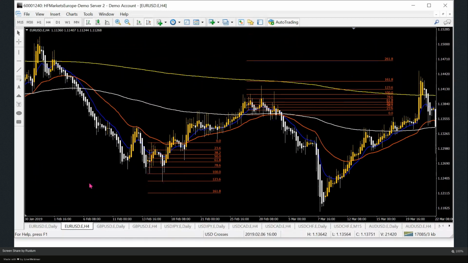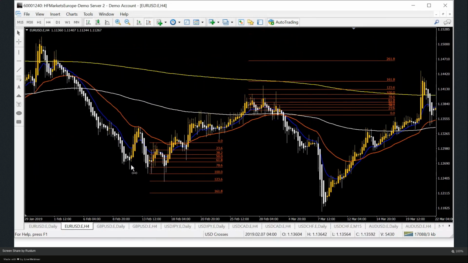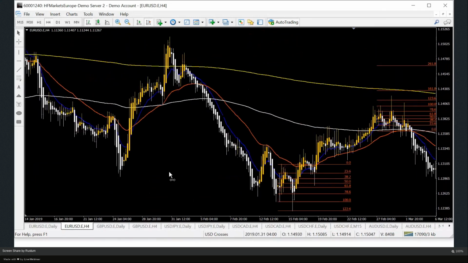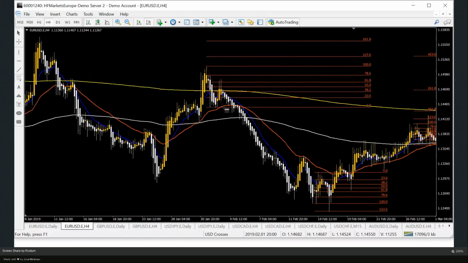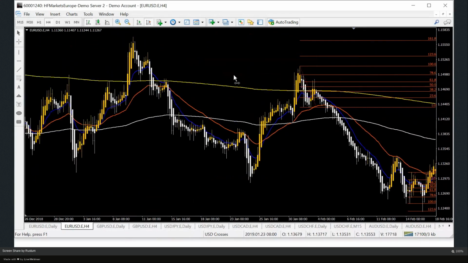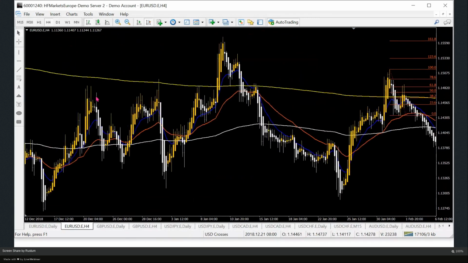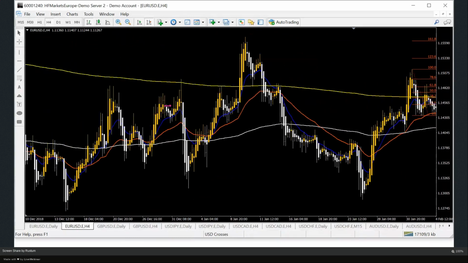So these are the things I want you to find at levels of importance. This looks like a 78.6. So it's highest high down to the lowest low, doesn't get to the 78.6. So no trade for me. Next one, you see all these M's and W's and everything all over the show. So we are only taking the ones that actually qualify at levels.